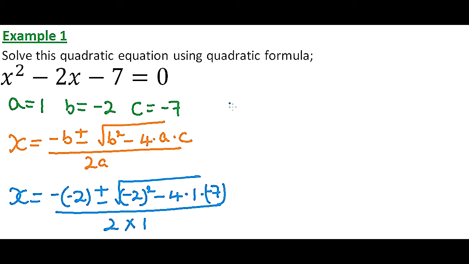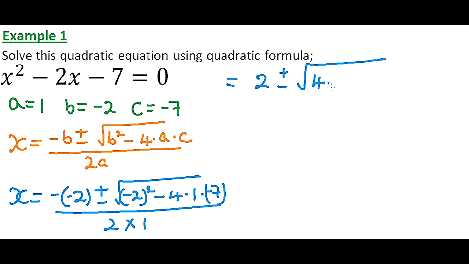Now we can solve this by saying our x equals minus minus 2, which gives us 2, plus or minus the square root. Minus 2 squared is 4. Here we have minus 7 and here we have minus 4.